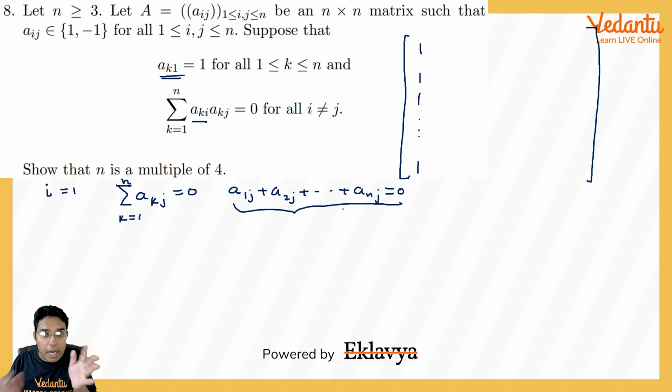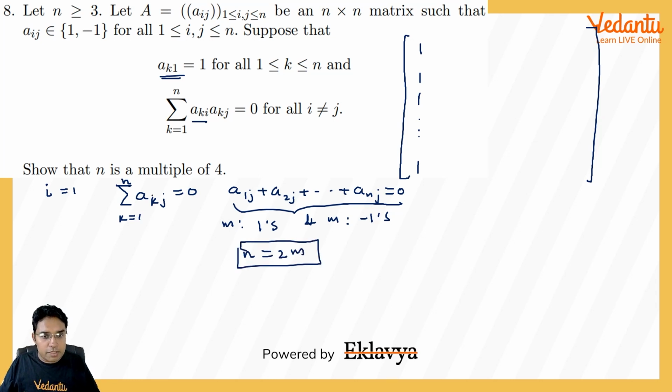In fact, half of the entries should be plus 1, half of the entries should be minus 1. So first of all, we are able to prove that the number of entries here will be even. So let us say that m are ones and m are minus ones in these n entries, where n will be equal to 2m.